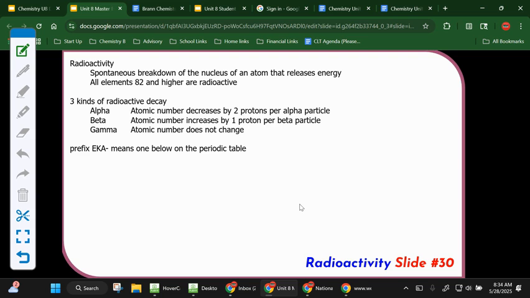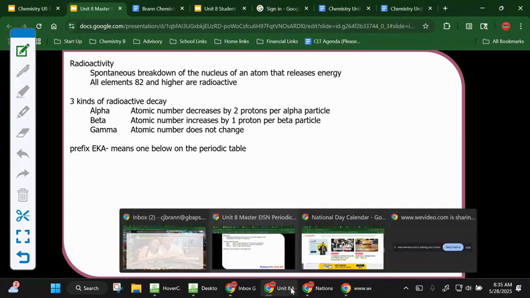Now what that means, ladies and gentlemen, is if you had 84 protons originally, and you undergo alpha decay and give off 1 alpha particle, how many protons do you have left? You become lead. You move 2 spots back for every alpha particle. I am going to put that at the top of this periodic table.